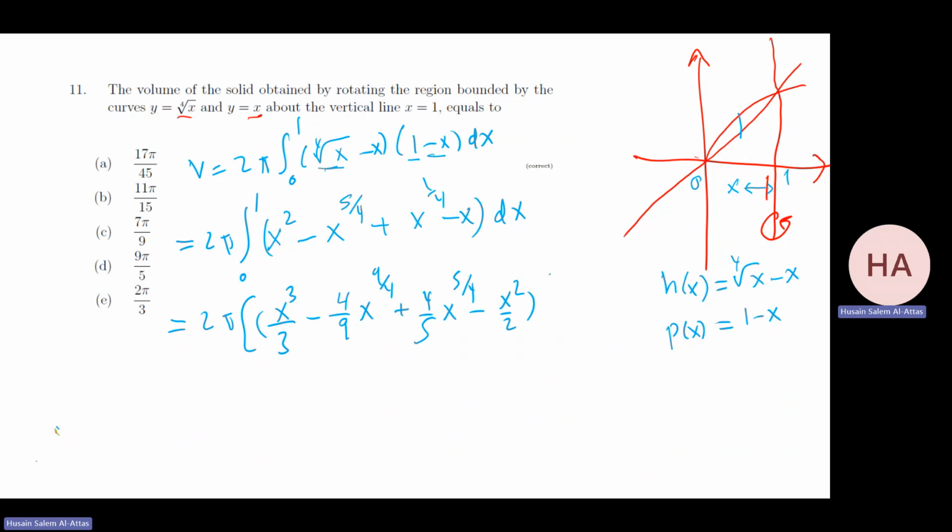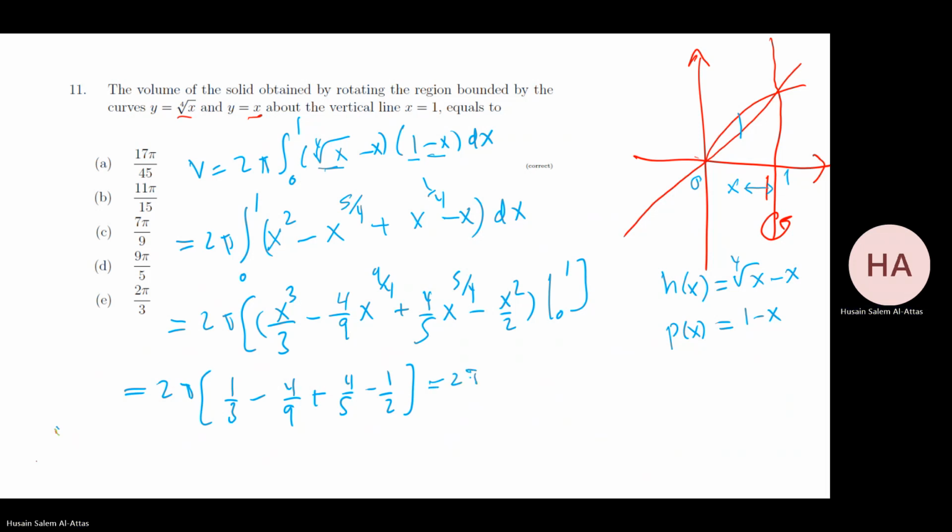And that's from where to where? From 0 to 1. That'll give me 2 pi times 1 over 3 minus 4 over 9 plus 4 over 5 minus half. Okay. Which is what? I will put the common denominator 90. 90 over 3, that is 30. 90 over 9, 10. 9 times 10 is 40. 90 over 5, it will be 18. 18 times 4, that gives 72.